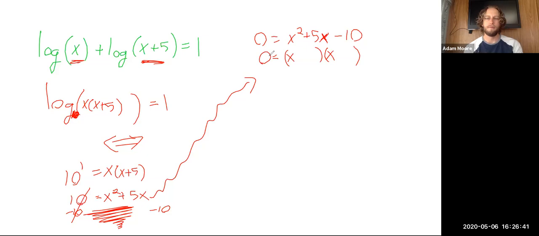Help me out. I need 2 numbers that times to minus 10 and add up to 5. What numbers are going to work for this? Anything times to minus 10 that adds up to 5?